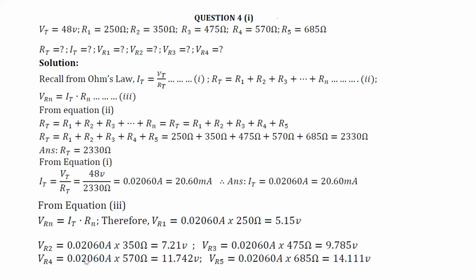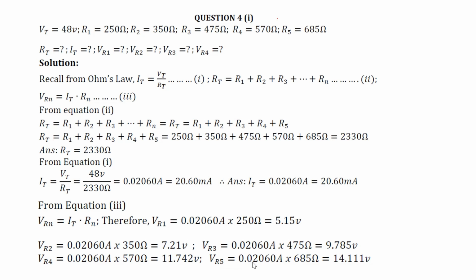Then for VR2, the same thing, 0.02060 ampere times 350 gives us 7.21 volts. For VR3, 0.02060 ampere times 475 gives us 9.785 volts. For VR4, 0.02060 ampere times 570 gives us 11.742 volts.